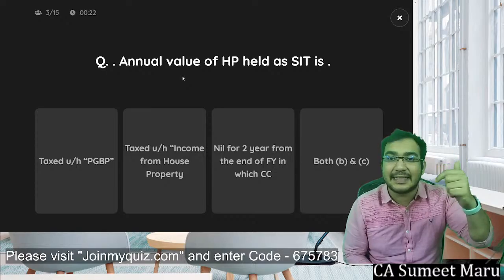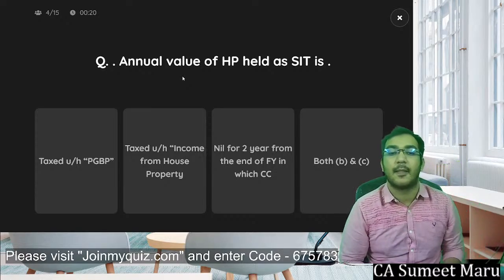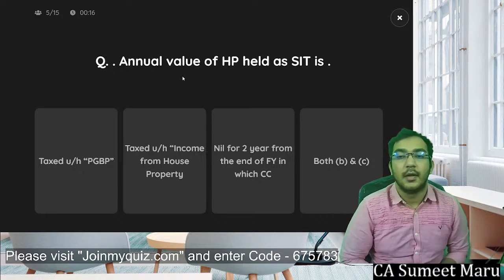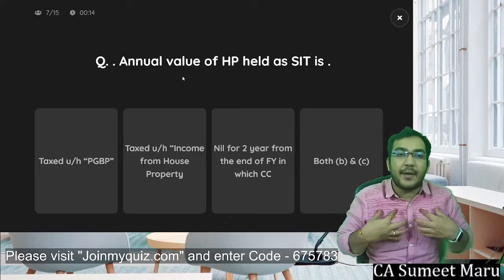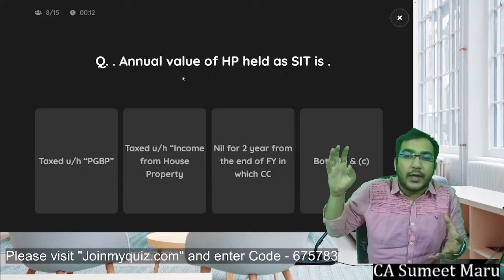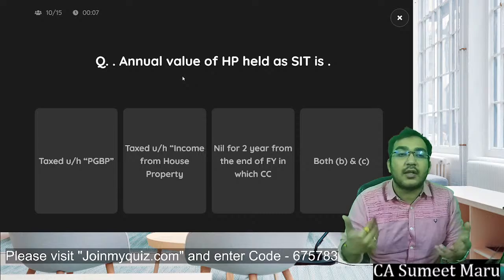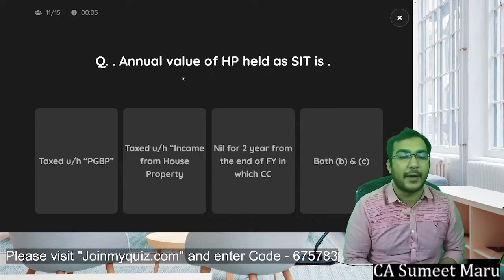There was amendment last year into this part. If I have a house property, if I am a builder and my house property is stock in trade, then in this case, what will be the annual value of this house property?